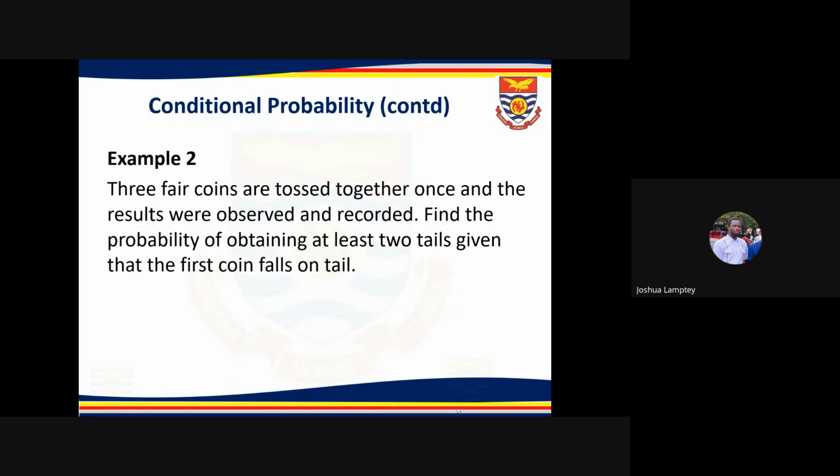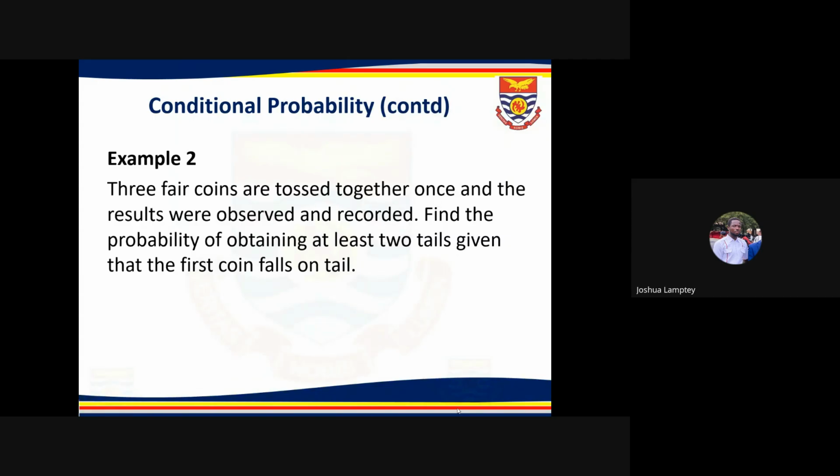So 3 fair coins are tossed together once and the results were observed and recorded. I recorded the results and I had a sample space of 8 items: head, head, head; head, head, tail; and so on up to tail, tail, tail. I got 8.